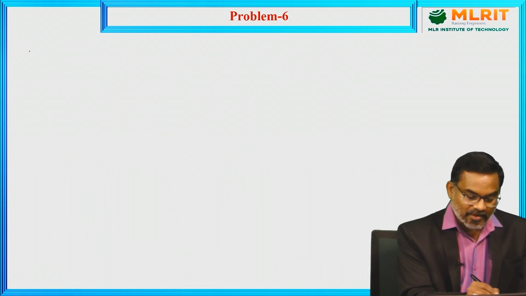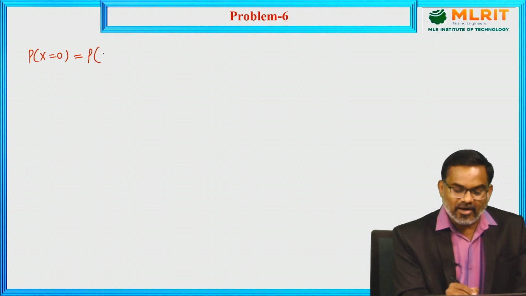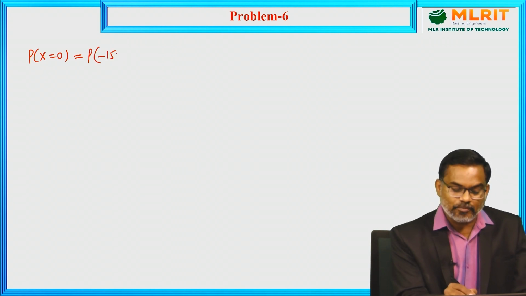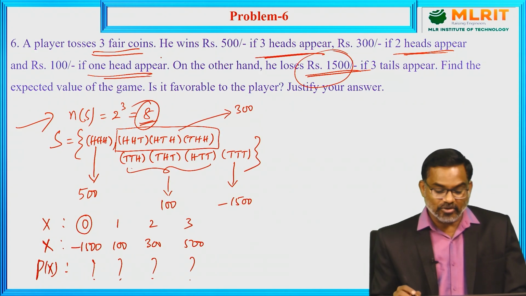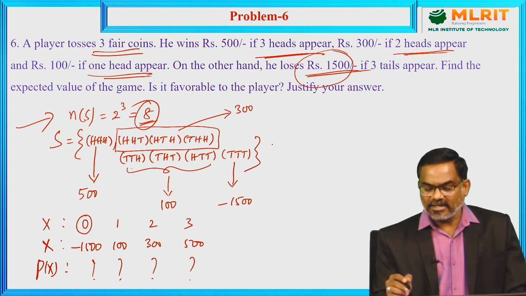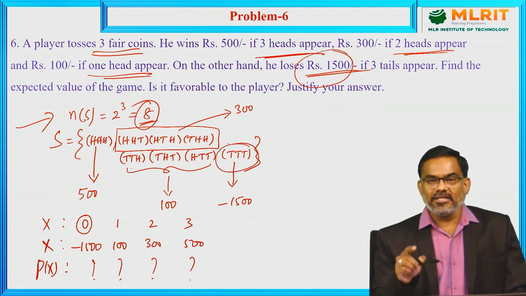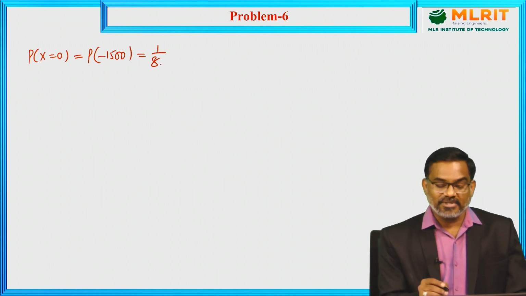So the probability of x equal to 0: if 0 heads, he has to pay 1500 rupees. There is only one possibility when he has to pay, if all tails occur. All tails is possible in one and only one case. So 1 by the total number of outcomes, 8.